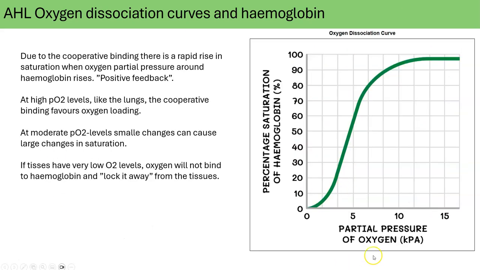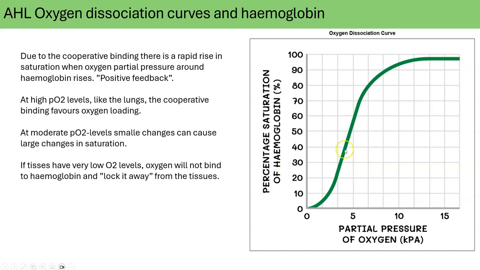So looking at this S curve again. As the O2 levels are high, as in the lungs, due to cooperative binding you will basically have super loaded hemoglobin. So all the hemoglobin will be fully saturated if everything works normally.